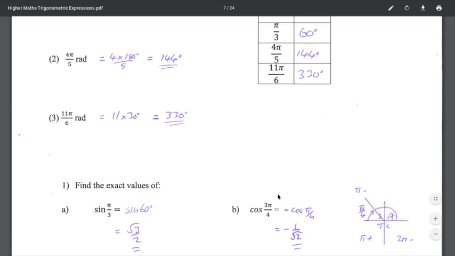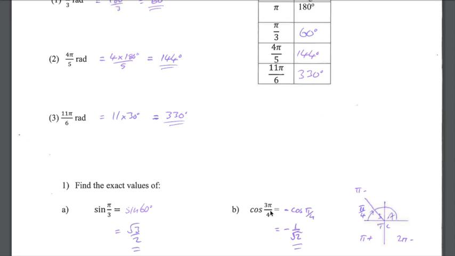Or alternatively, you could think, well, pi by 4 is 45 degrees. 3 45s are 135, so I'm essentially working out the cosine of 135 degrees, which is the negative cosine of 45 degrees. So you can change it into degrees if you want to, or you can work in radians if you want to.